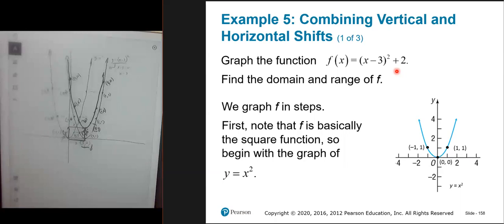It should be, well, it's what you're starting with. I start with my changes in the x, and then I go to my changes in the y. Sometimes the textbook starts with the changes in the y and then the changes in the x.